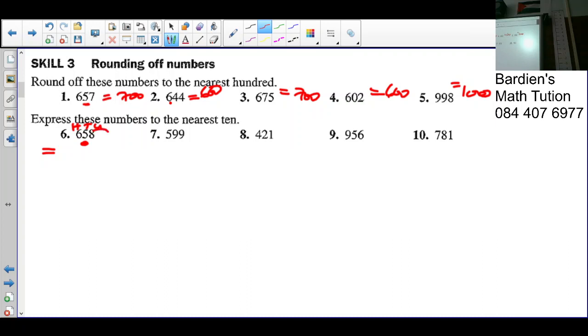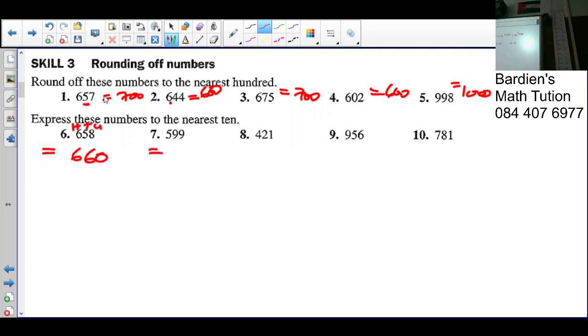If the units is 5 or more, it's going to change the 10 to 1 more. If it was less than 5, it will remain the same. So since it's an 8, is 8 more than 5? Yes. So is it going to change the 5? Yes. So it's going to be 660.